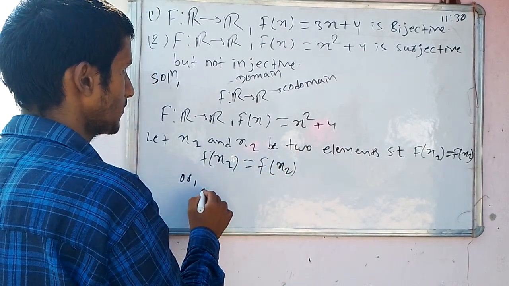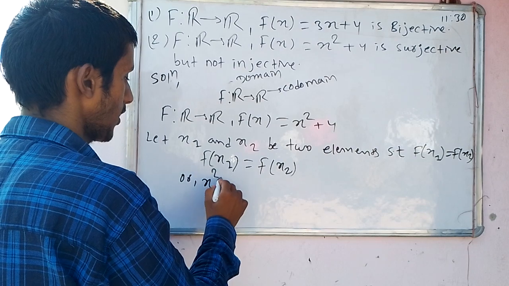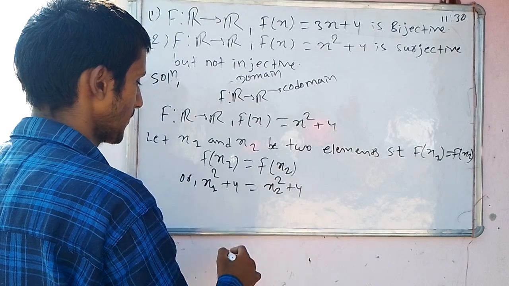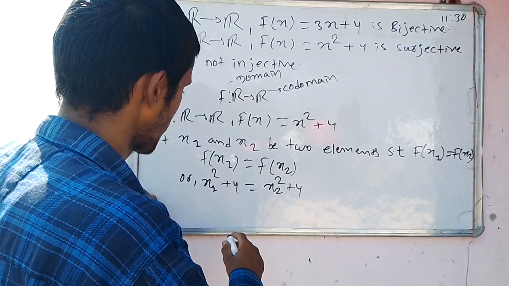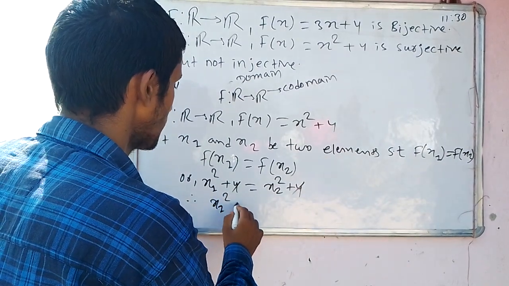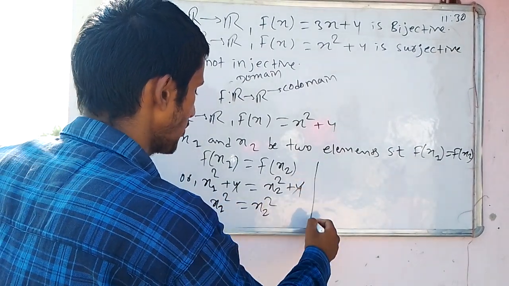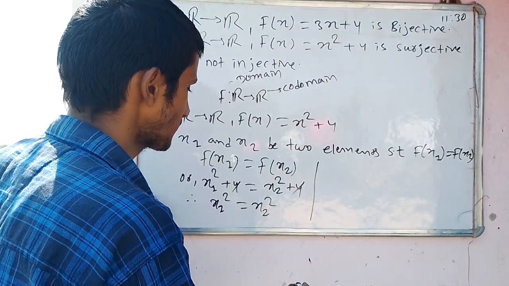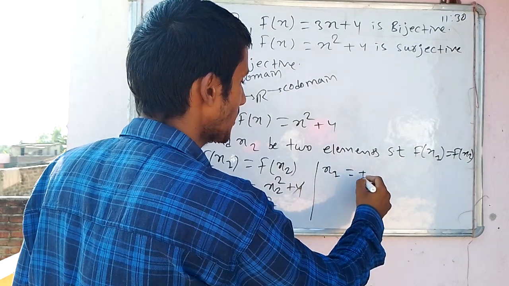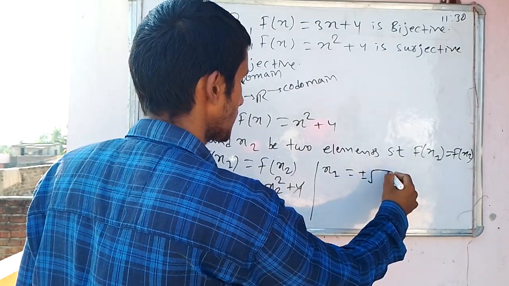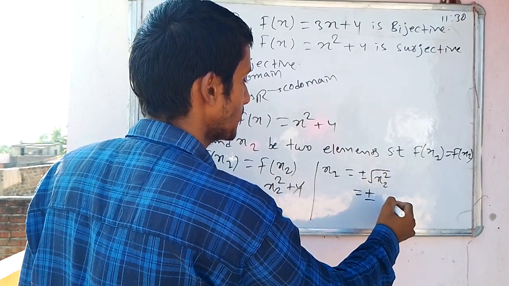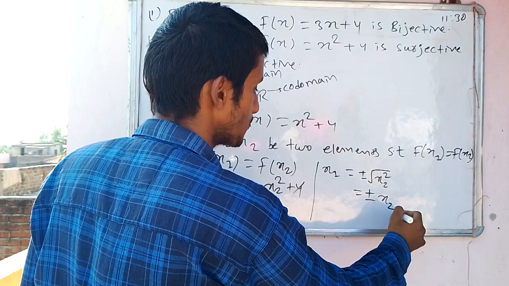So this is going to be x1 squared plus 4 is equal to x2 squared plus 4. Then the 4 will cancel out, and we're gonna have x1 squared is equal to x2 squared. Now if we solve for x1, x1 will be equal to plus or minus the square root of x2 squared, which implies that x1 is plus or minus x2.